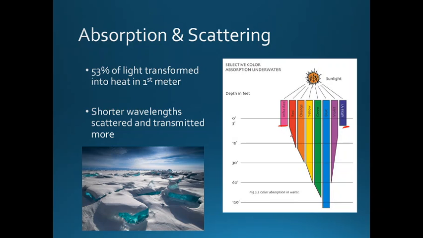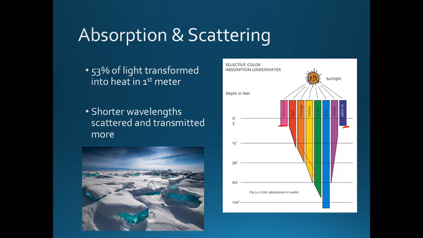Now what we see then is the longer wavelengths of light, like red, orange, and yellow, don't have as much energy, so they get absorbed relatively quickly. And blue light and violet light have a lot more energy. They're a shorter wavelength in the electromagnetic spectrum, so they have more energy and can penetrate deeper.